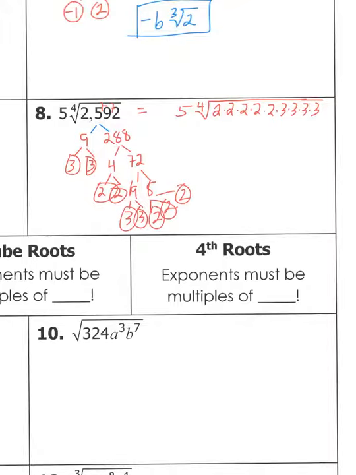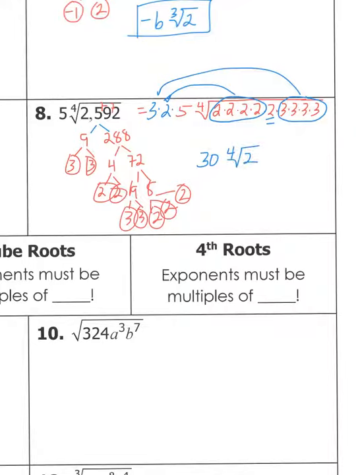Okay, so I'm looking for groups of 4 because that's what my index is. So here is a group of 4. So I'm going to pull a 2 out in front, and I can make another group of 4 with these 3s. So I'm going to pull a 3 out in front, and all I have left over is a single 2. So out in front we have 3 times 2 is 6, 6 times 5 is 30, 4th root of 2.